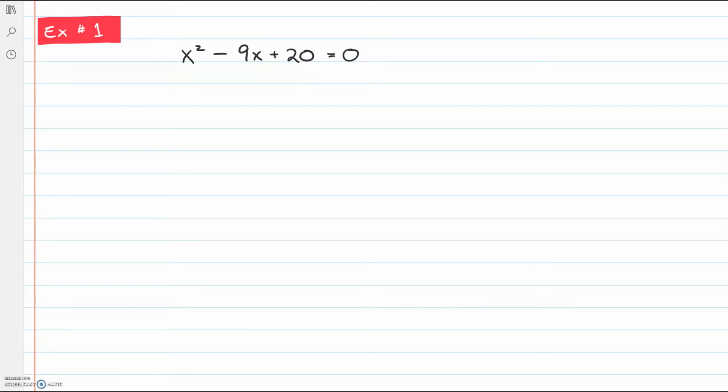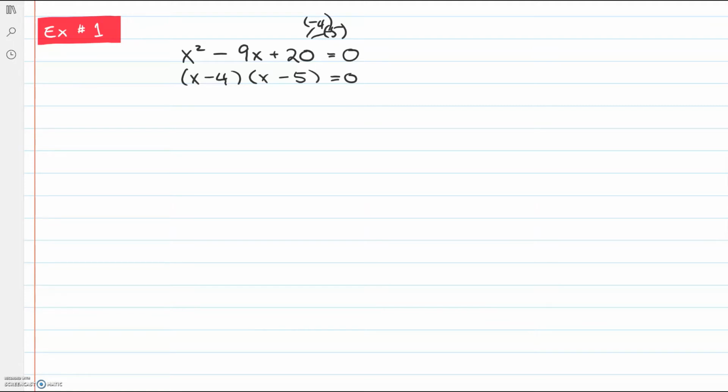There is nothing on the other side of this equation, and that's when you can solve for x. So let's factor it as we did before. 20 is 4 times 5, and I can make both of those negatives to give me a positive here and a negative here. So I split that into x minus 4 and x minus 5 equals 0.